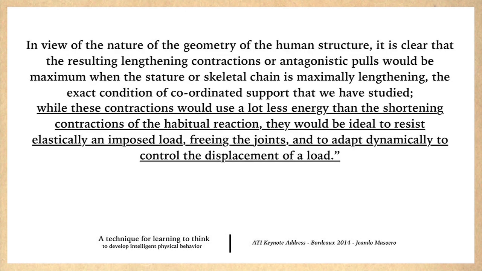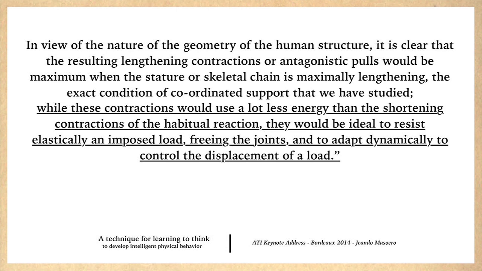In view of the nature of the geometry of the human structure, it is clear that the resulting lengthening contractions, or antagonistic pulls, would be maximum when the stature or skeletal chain is maximally lengthening, the exact condition of coordinated support that we have studied.